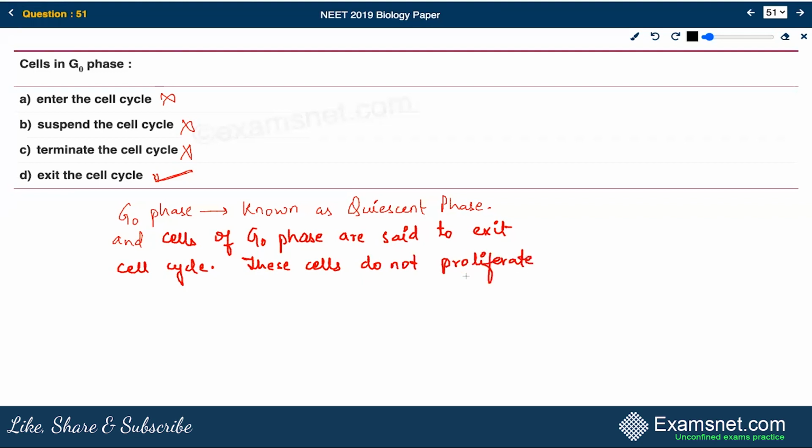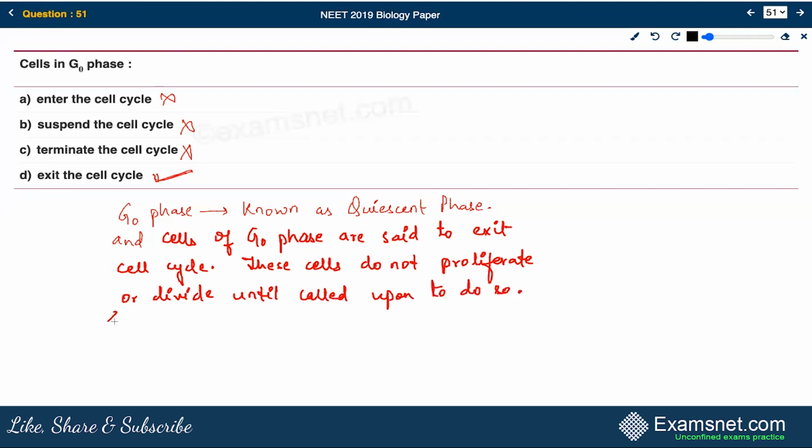Proliferate means to divide, until called upon to do so.